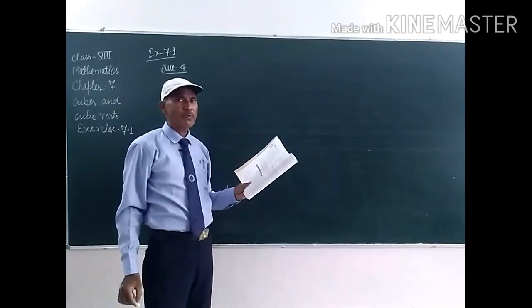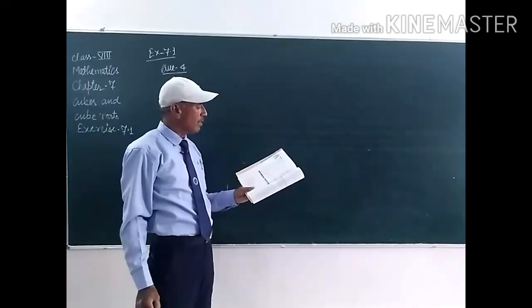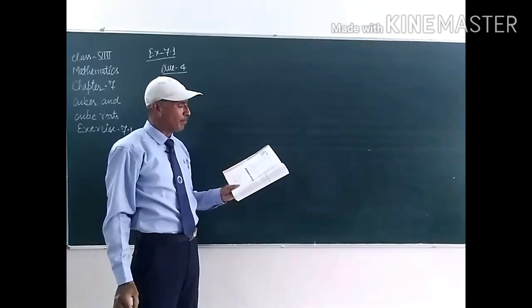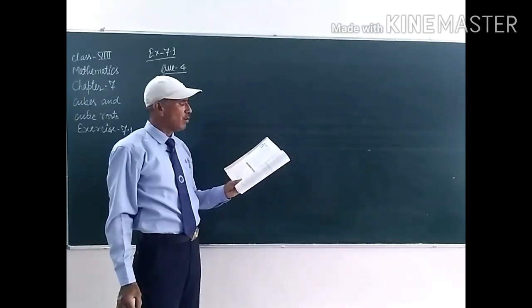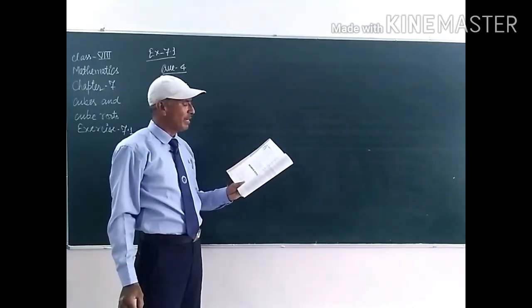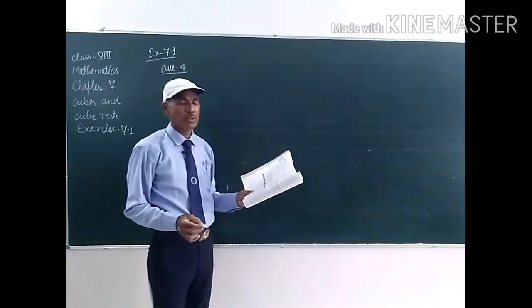This is question number 4th, student, and in this question Parikshit makes a cuboid of plasticine of sides 5 cm, 2 cm, 5 cm. How many cuboids will we need to form a cube?